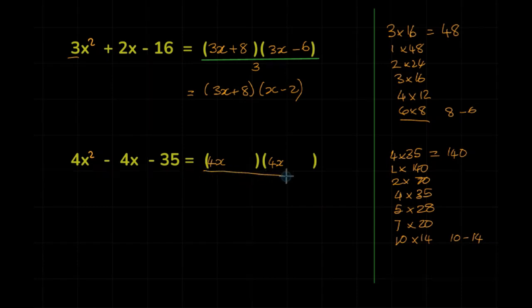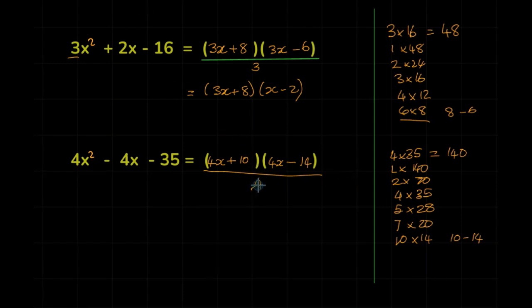We need to divide by 4 because we'll end up with 16x squared, and we want plus 10 and minus 14. Well, I can't divide 4 into both those terms, 4x and 10, and I can't divide it into both these terms. So I need to split it up actually.